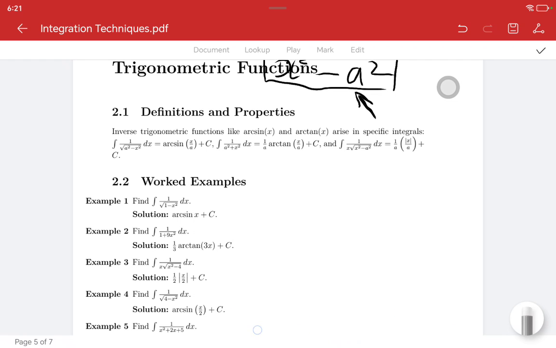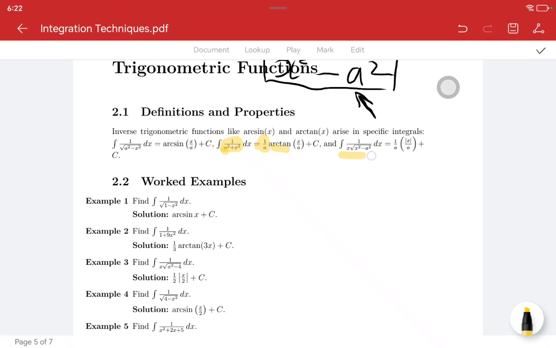If I'm dealing with 1 over a squared plus x squared, the integral of that will take the arctan of x over a, then we multiply it by 1 over a.